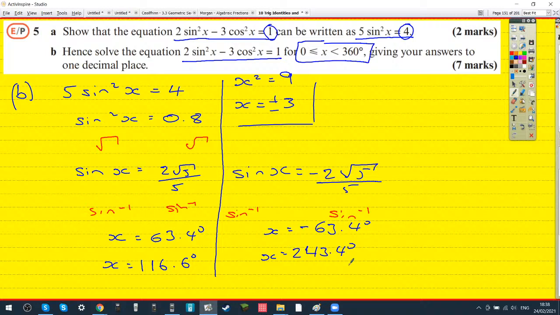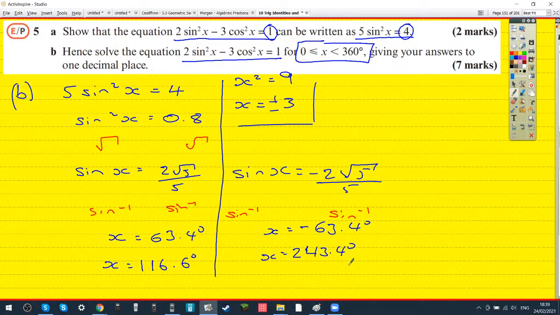And that's pretty much it. Minus 63 is not between 0 and 360. 243.4 as well, so nothing changed. Is what, sorry? I did 180 plus 63.4. Yeah, so 243.4 is fine. But minus 63.4 isn't between 0 and 360.